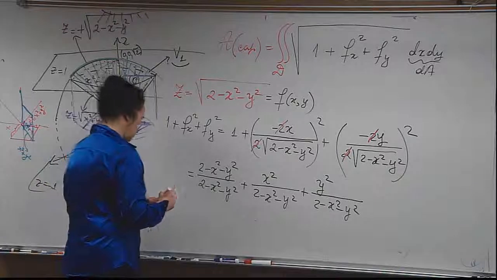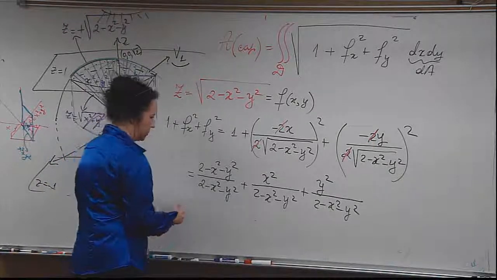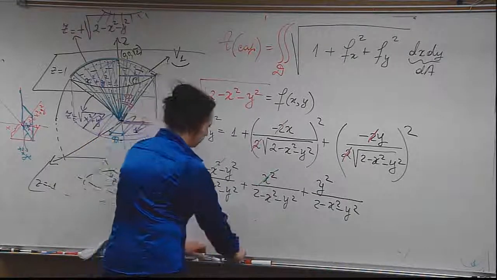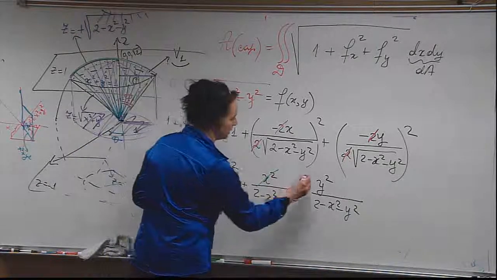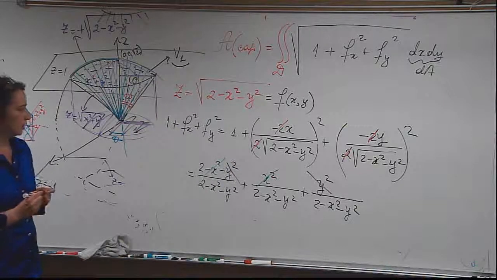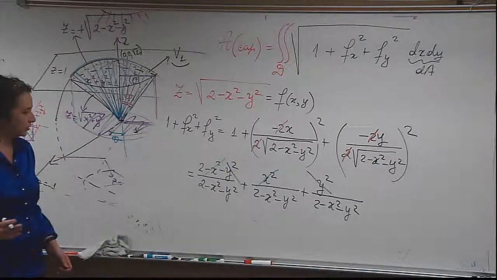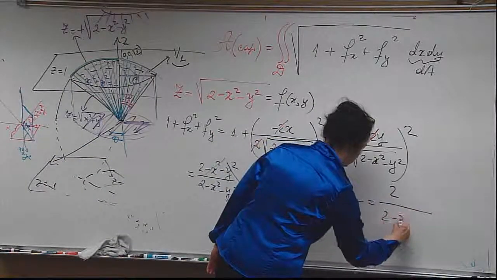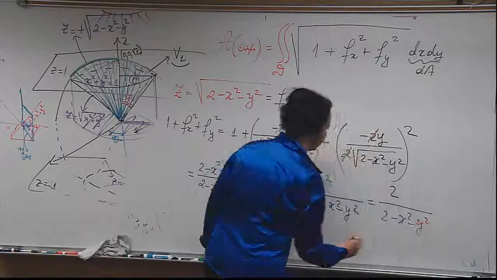And these guys go for a walk. Minus x squared. You take the purple. Minus y squared plus y squared. They disappear together in the dark. So you have 2 over 2 minus x squared minus y squared.